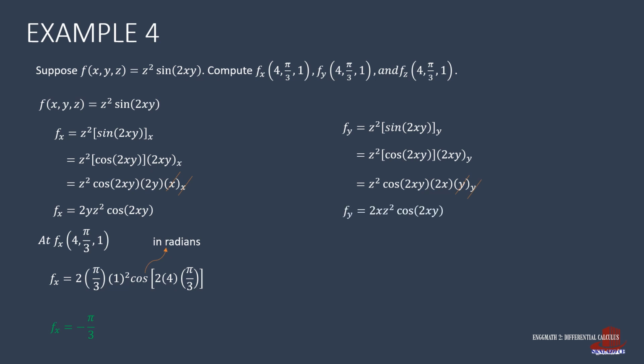Thus, the final partial derivative of the function with respect to y is 2xz squared times cosine of 2xy. Plugging the coordinates again, we make f sub y as 2 times 4 and 1 squared with cosine of 2 times 4 times pi over 3, where cosine is again in radians. F sub y is equal to negative 4.